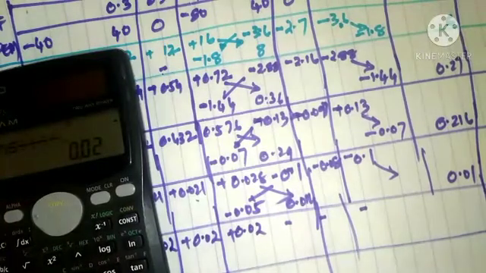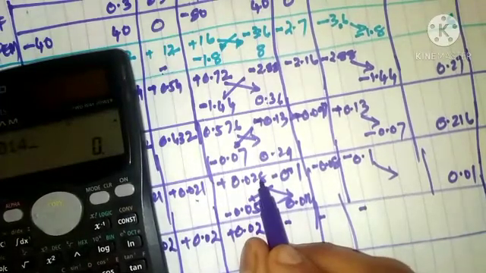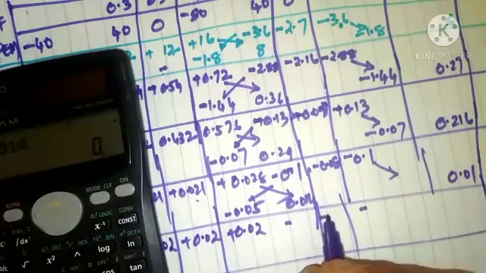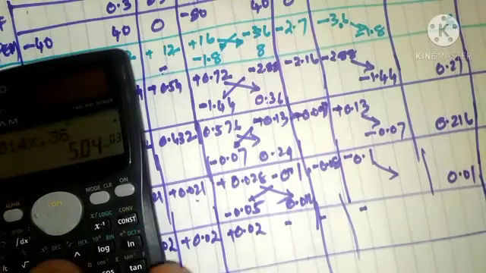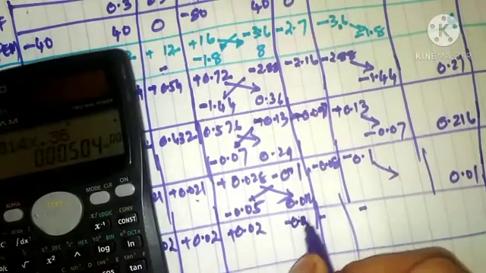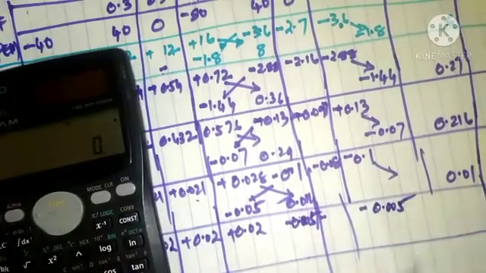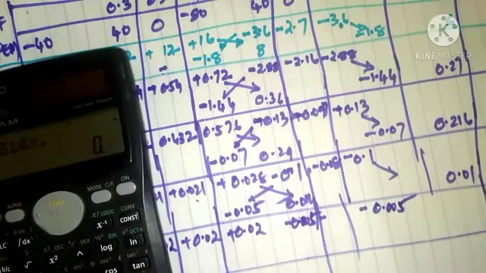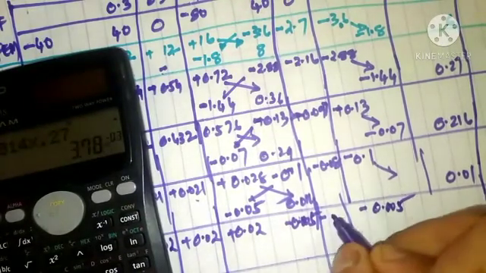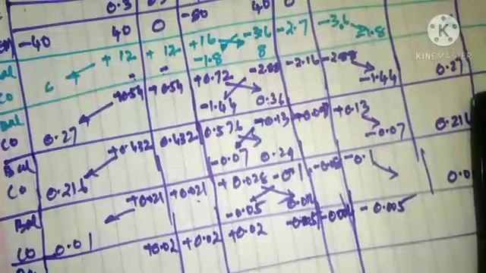Then here it comes as 0.014. 0.028 divided by 2 will be 0.014. 0.014 multiplied by 0.36 comes as 0.005. Similarly, here it will be 0.005. 0.014 multiplied by 0.27 is 0.004. Next is carryover.